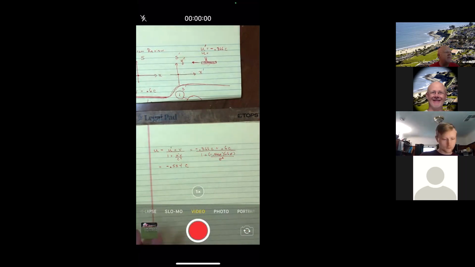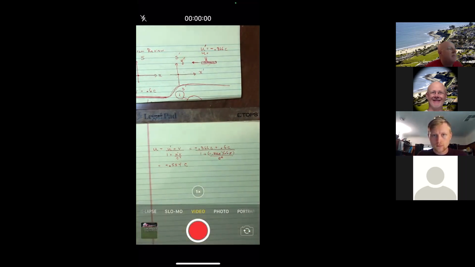And I suppose I should jump down here to the solution, see what Don did. Oh, good. He got the same thing. Negative and 0.554 C. And then he did the length contraction. Okay, so nice.